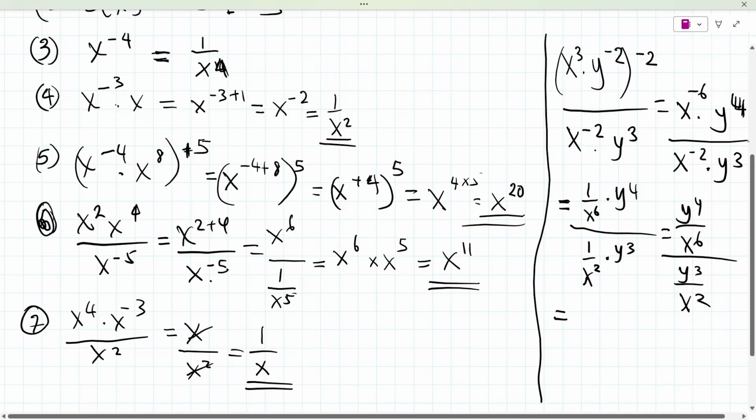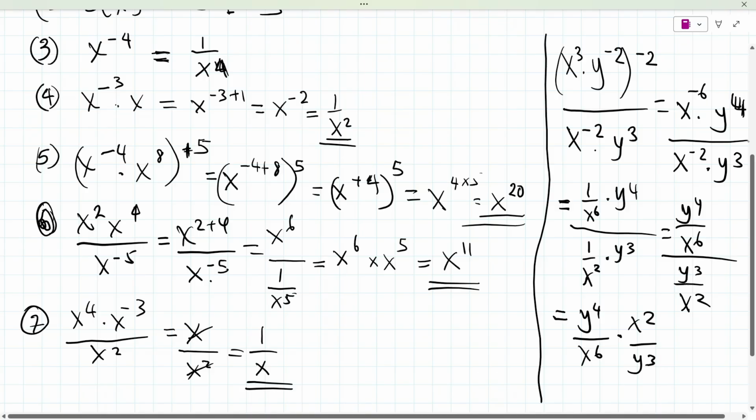Now, this then becomes y to the power 4 divided by x to the power 6 multiplied by the reciprocal, or the inverse, of this expression here, which will be x squared divided by y cubed.